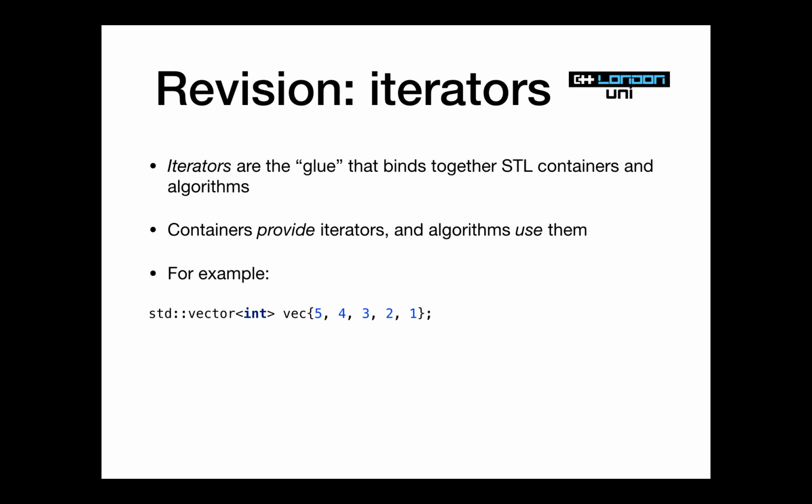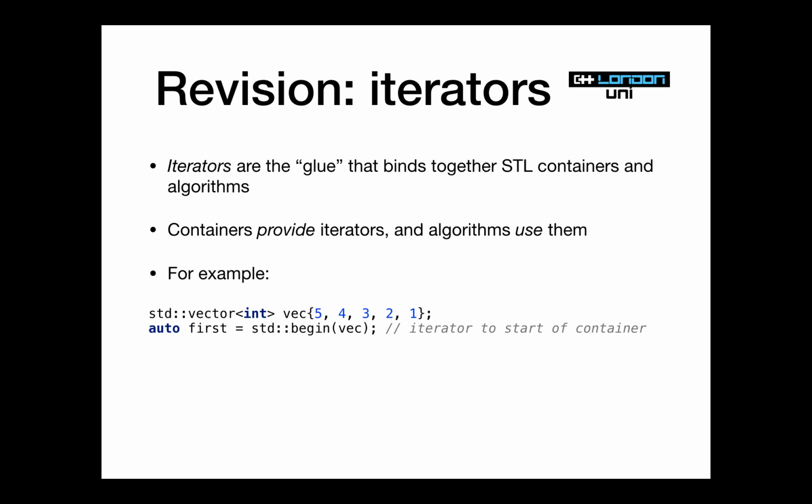To give a little example here, I've constructed a vector, one of the standard library's container types, a vector of integers. I use this function std::begin to obtain an iterator to the start of the container.